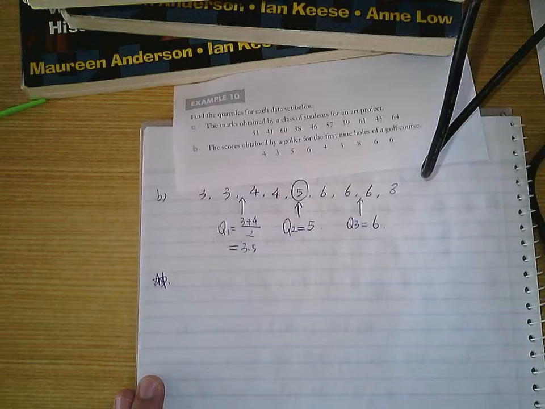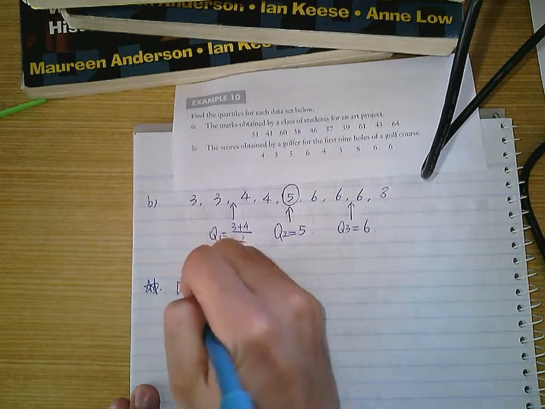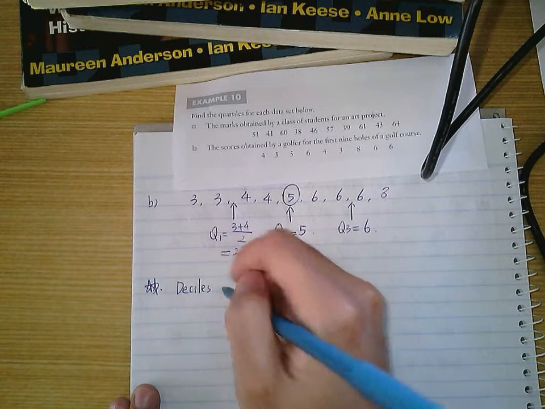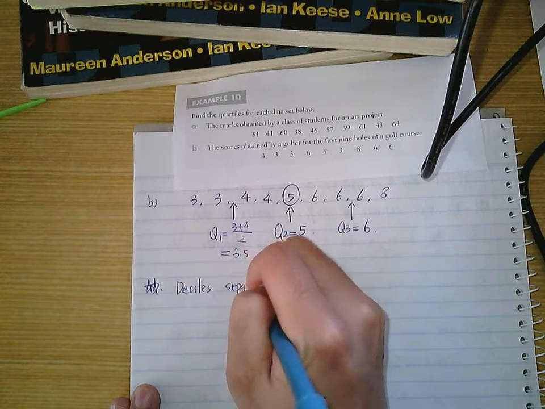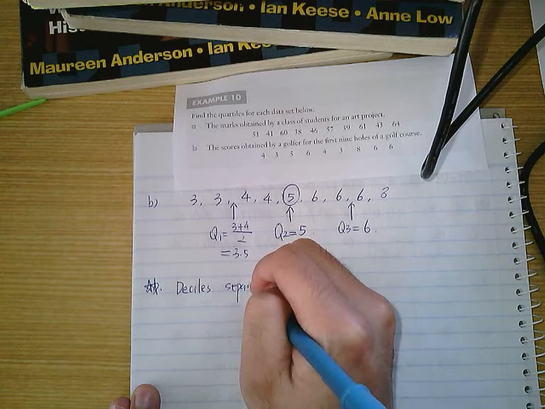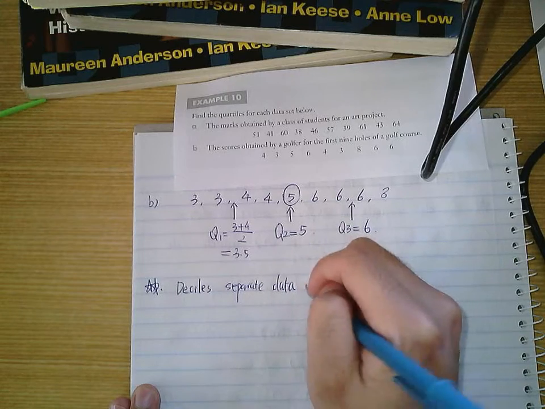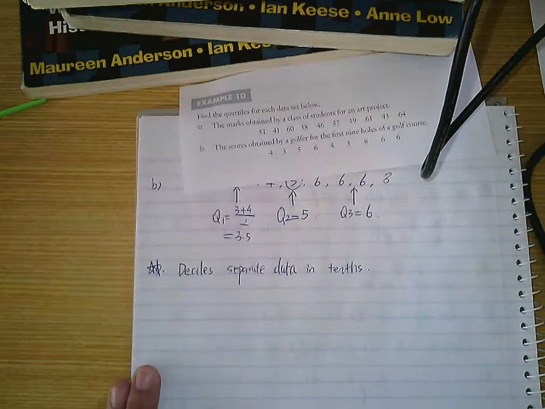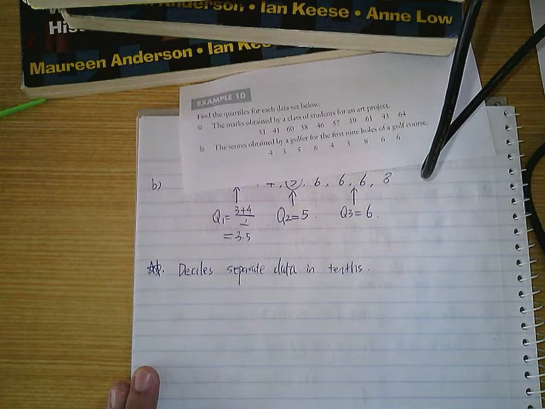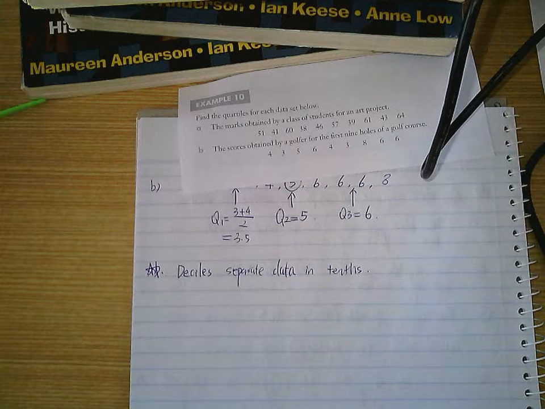Now, after quartiles, let's have a look. We have deciles. So deciles separate data into tenths. In other words, Q1, Q2, Q3 separate into every 25%.